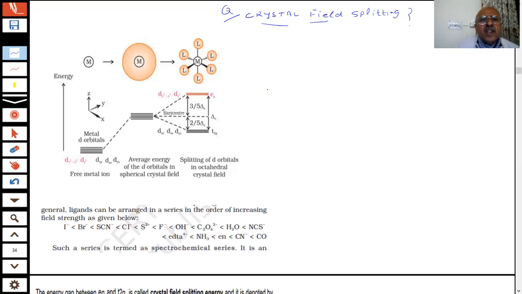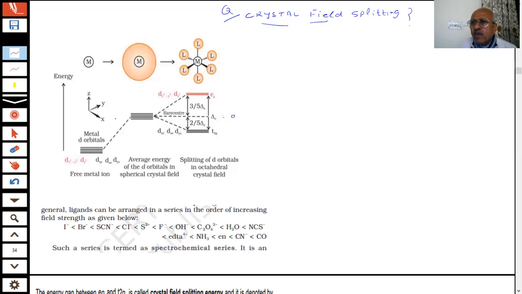Now the interesting thing, student: this is called a barycenter, which is, say, a zero point. Here, these are my x, y, and z axes. This is my metal ion. Inside the metal ion, how many orbitals? Five d orbitals.